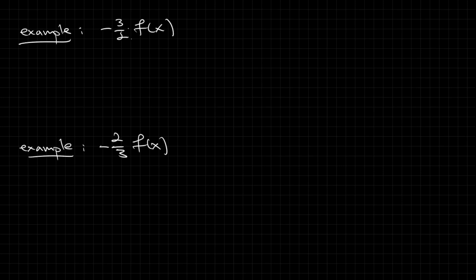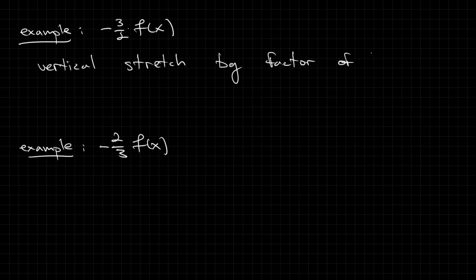So in this first example, a is negative. It's negative 3/2. So 3/2 itself is bigger than 1, so that's going to result in a vertical stretch by a factor of 3/2. Remember, that means we're going to multiply all the y values by 3/2. Then the negative on the outside is going to result in a vertical reflection.